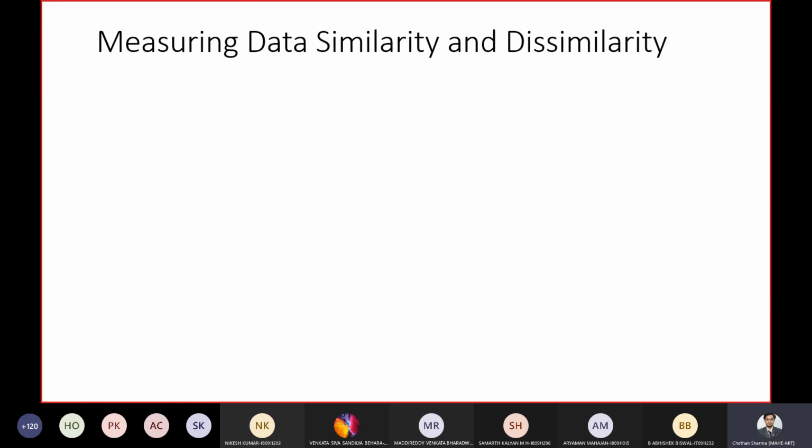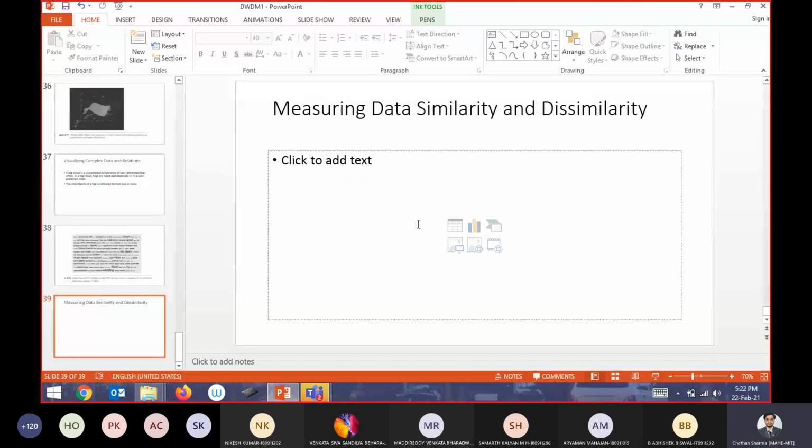Based on that, you will decide whether the data is similar or dissimilar. Based on that, you proceed to solve a particular problem. So there are multiple methods or equations which you'll be using to measure the similarity. That will start in the next class, that is on Thursday.